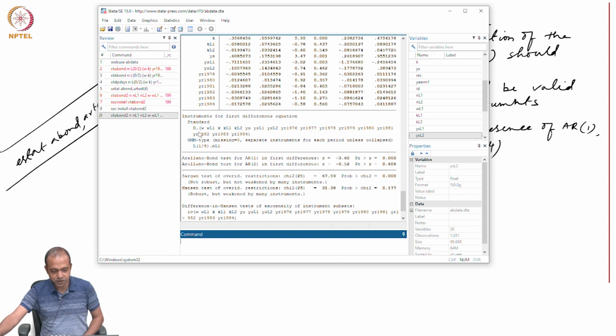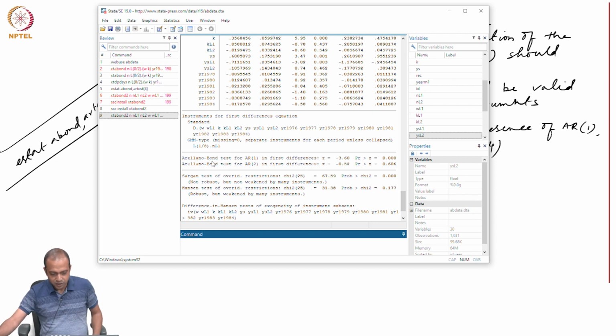For first difference, it is the difference of all these, that is standard, and what are the GMM type? From lag 1 to lag 8 of NL1. Since I have specified my NL1 as the only endogenous variable, then by putting that xtabond2 command, Stata has actually considered lag 1 to lag 8 as the instruments for this NL1. These are the instruments, right.